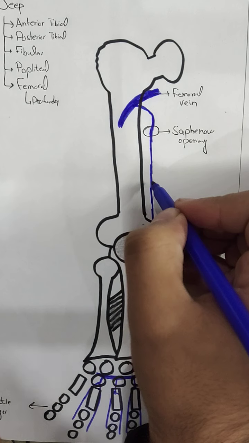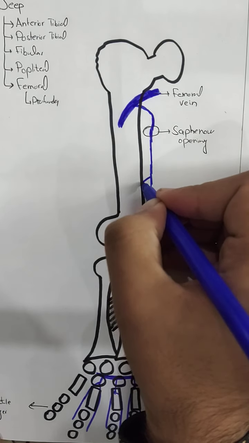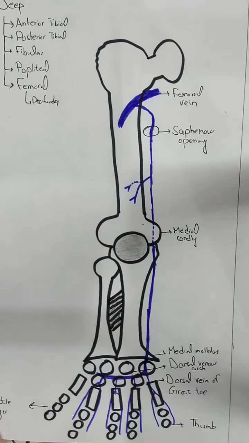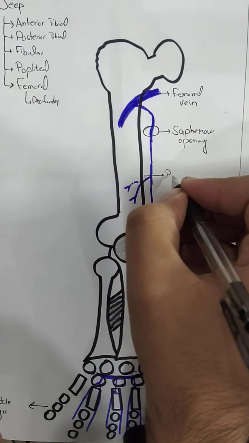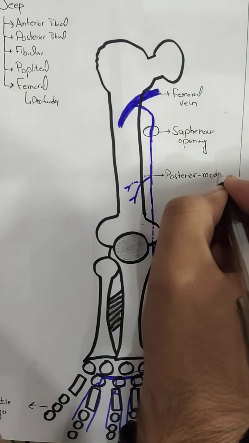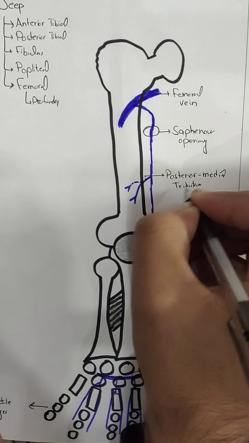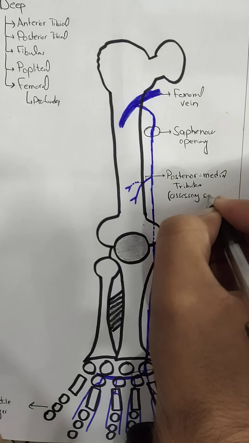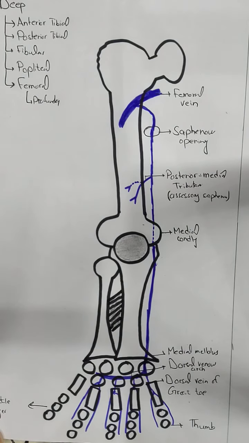First of all, there will be a posterior medial tributary, which will drain the posterior and the medial side of the thigh. This is also called the accessory saphenous vein. This is the branch of this great saphenous vein.